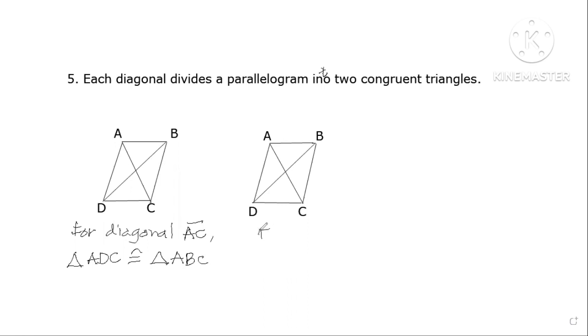And for diagonal BD, triangle DAB is congruent to triangle BCD. Okay, so these are the properties of a parallelogram.